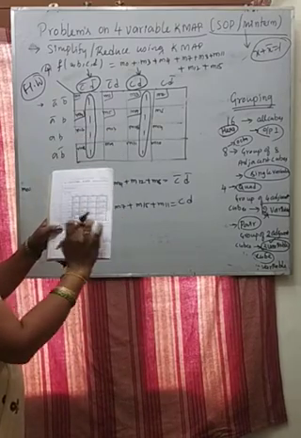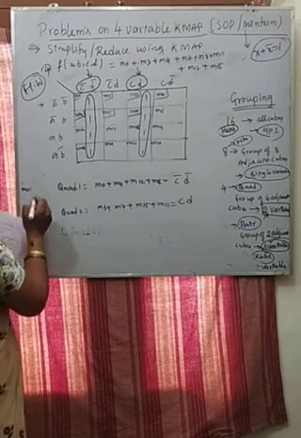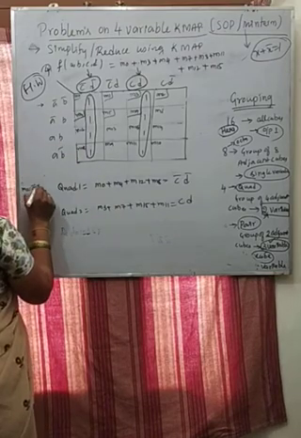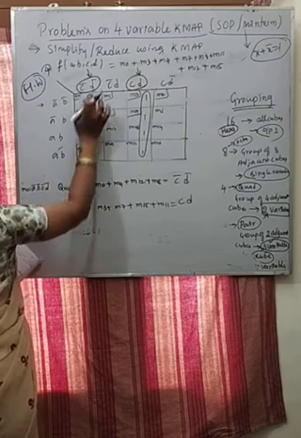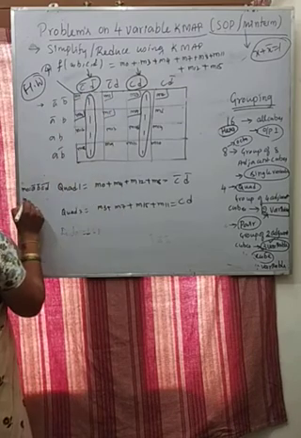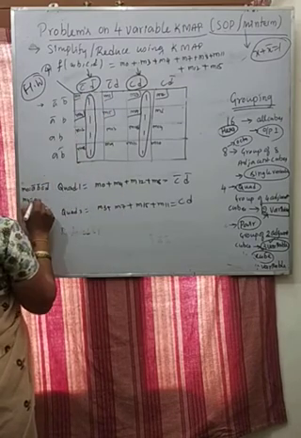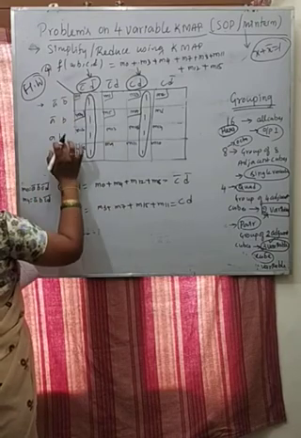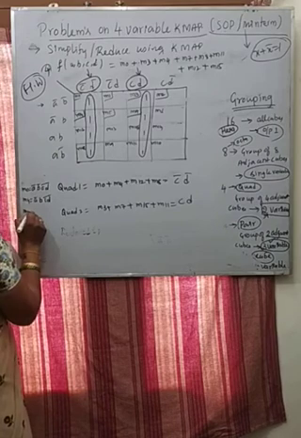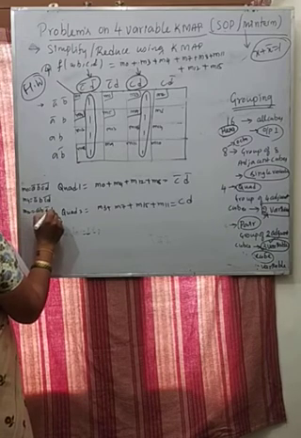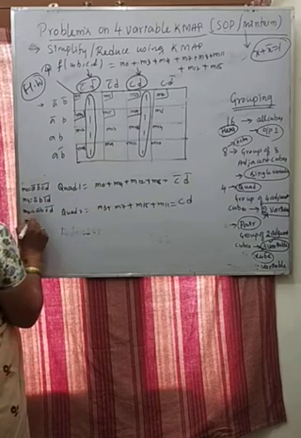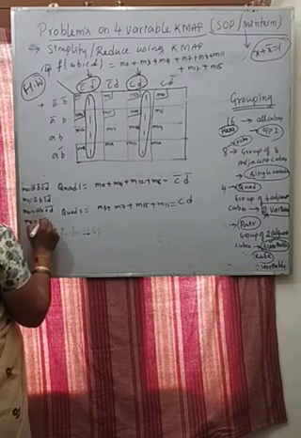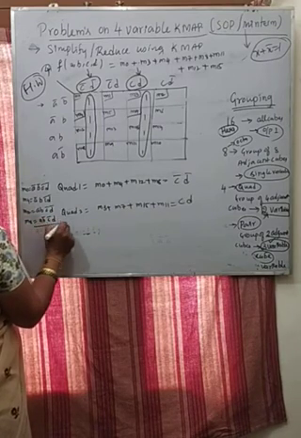You just write down the particular variables and you will come to know. See here, A complement, B complement, C complement, D complement. Then for M4, A complement, B, C complement, D complement. For M12, A, B, C complement, D complement. M8, A, B complement, C complement, D complement.